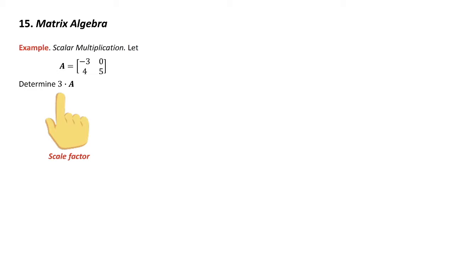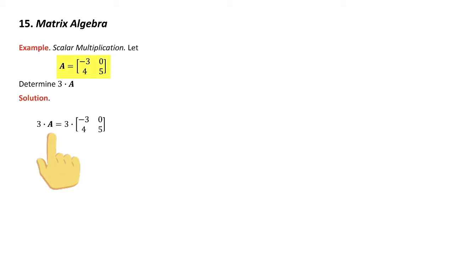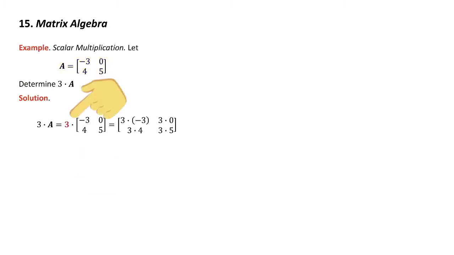I'm scaling it up 3 times. So 3 times the matrix. And this works exactly as you might guess. So I just substitute in the matrix A. And it's just going to be 3 times everything in there. So 3 times each entry. 3 times each entry. 3 times each entry. And that's why it's a scale factor, right? You're making everything 3 times as large in here.